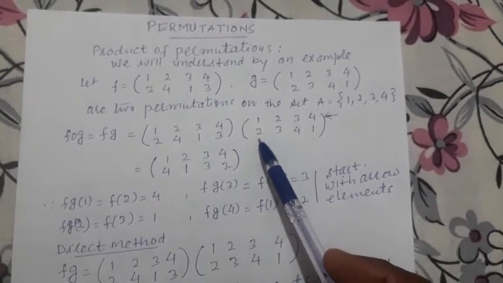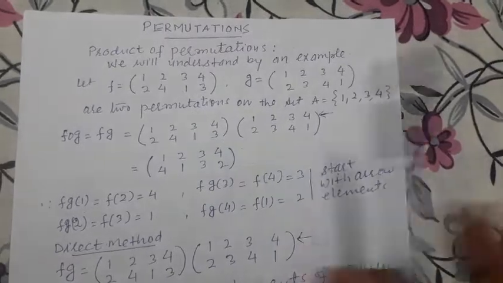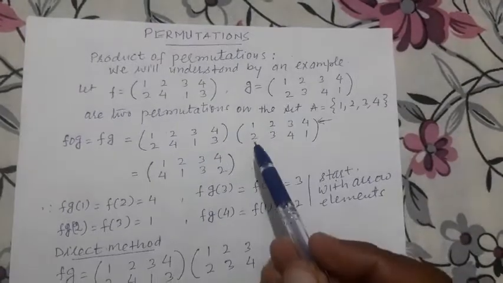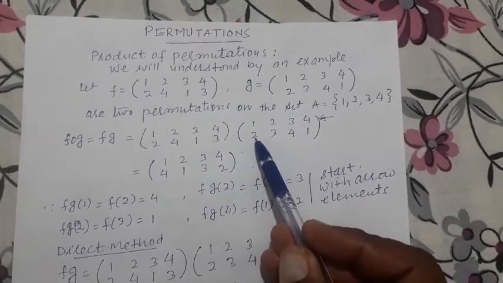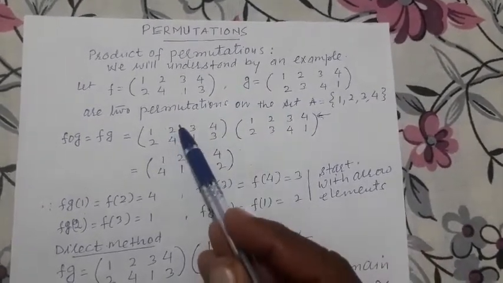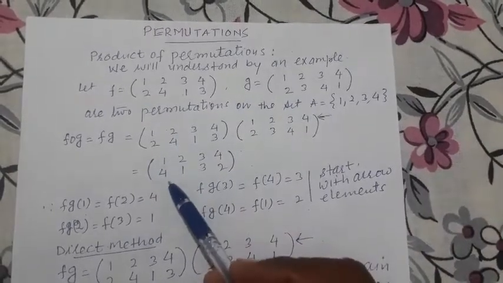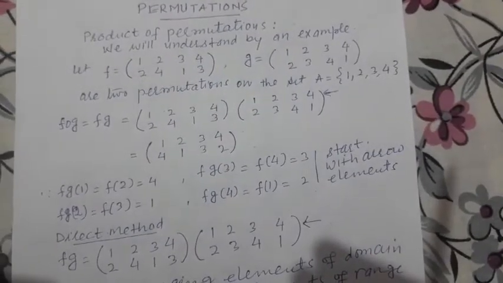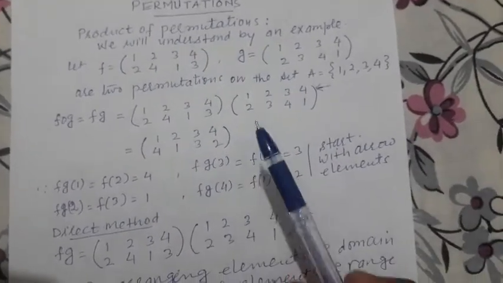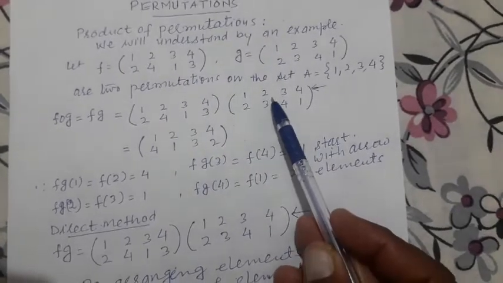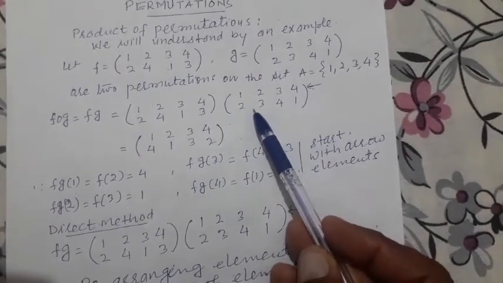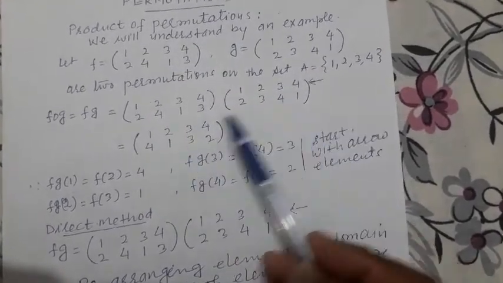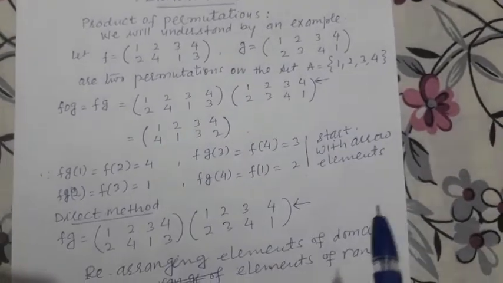Image of 1 under g is 2, and image of 2 under f is 4, so we write 1, 4. Again, image of 2 under g is 3, and image of 3 under f is 1. So image of 2 is equal to 1 here. Similarly we can find the images of the others.